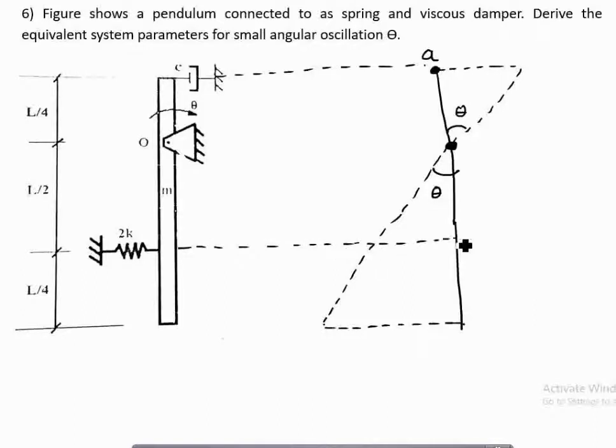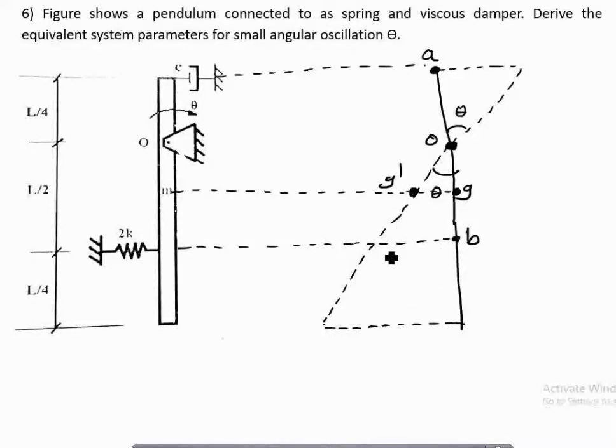Let me call this point O, and this B. At this point we have the CG, let us call it G, and G will move to G dash.